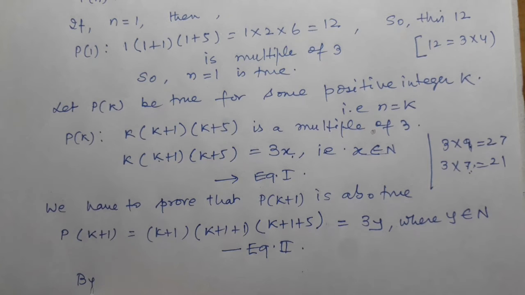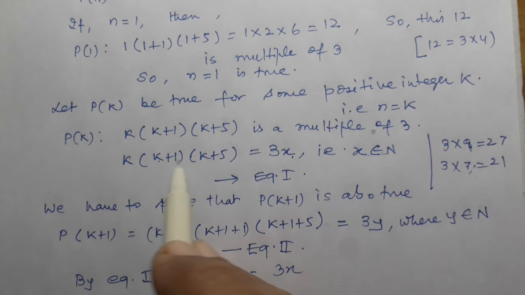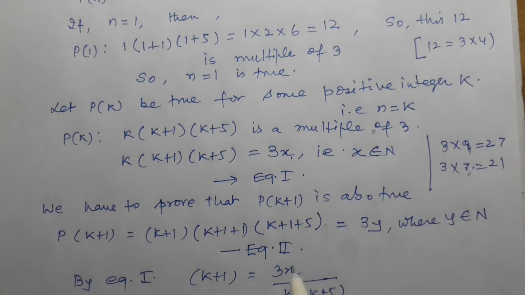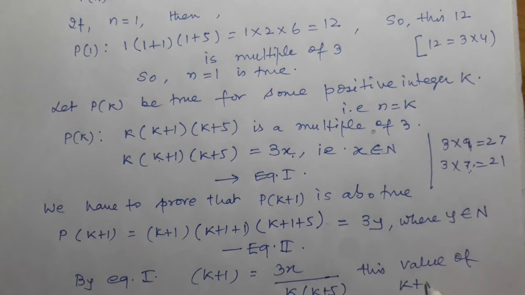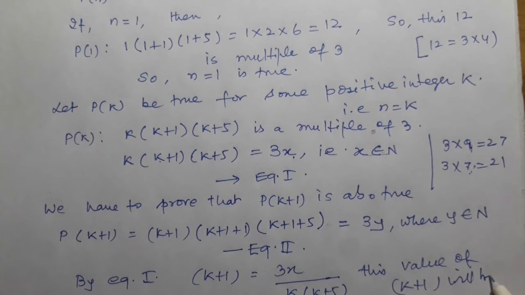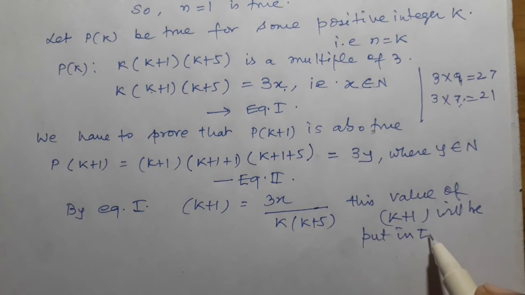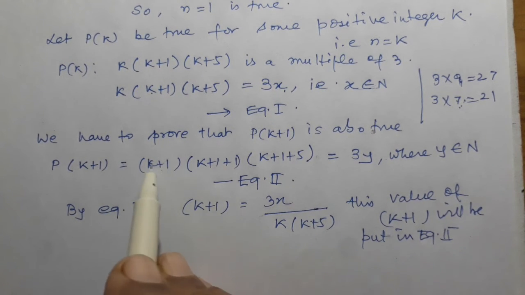So by equation 1, k plus 1 will be, it is 3x this side, k and k plus 5 are multiplied with k plus 1, so it will be divided by k into k plus 5, and this value of k plus 1 will be put in equation 2.